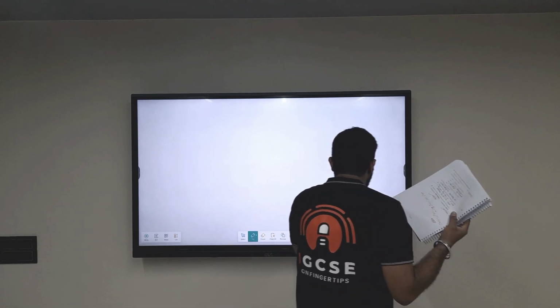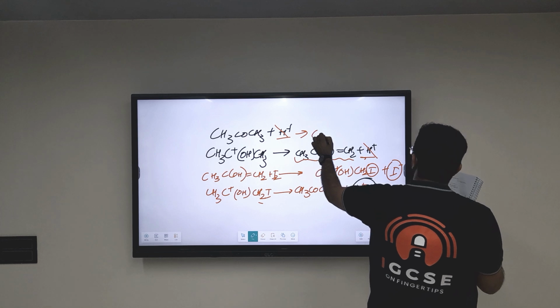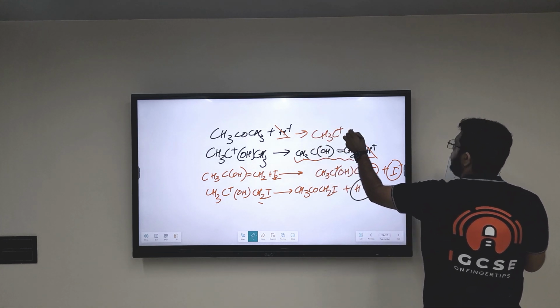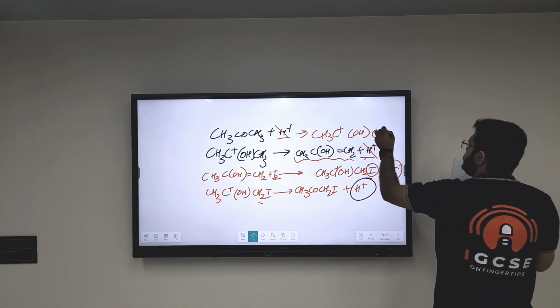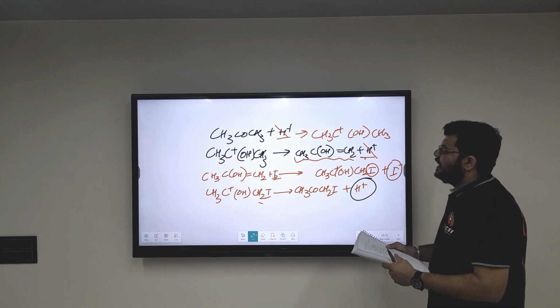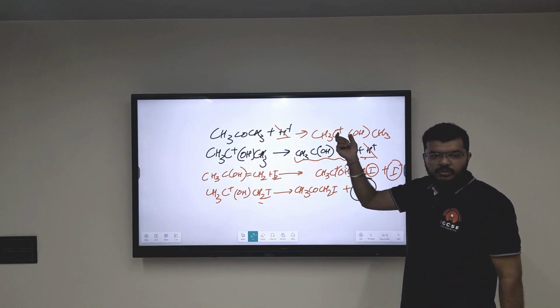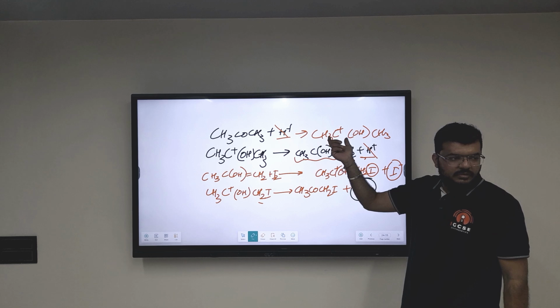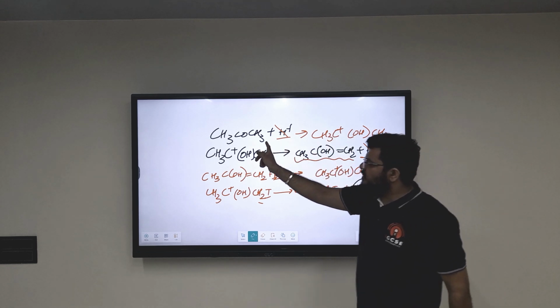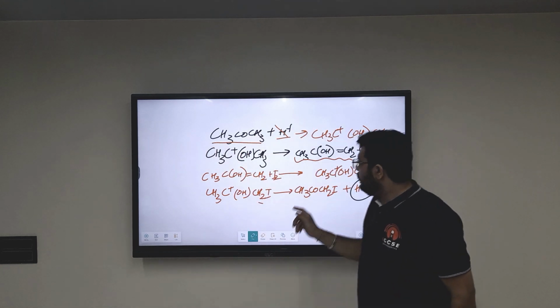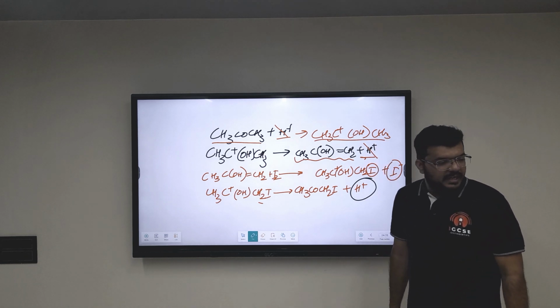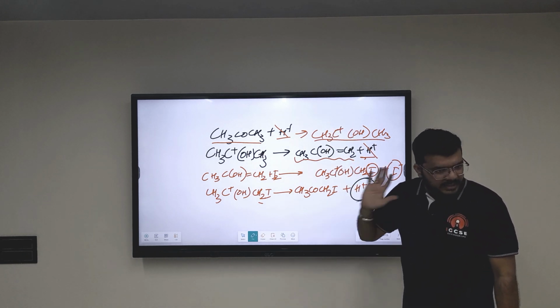See, look at the first step. In the first step, the product is CH3C+OHCH3. Here, this has acted as a proton acceptor, a base. है ना? So on this side, it is a base. But on this side it is a conjugate acid. So this can be your conjugate acid.